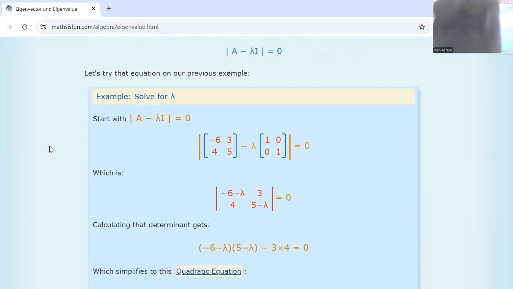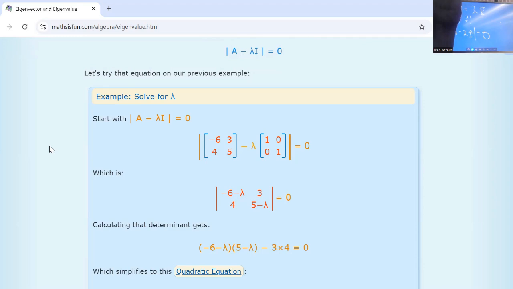For example, in that case, let's assume that we have the original matrix they gave us, which was -6, 3, 4, 5. And I want to find the eigenvalues lambda and the corresponding eigenvectors.